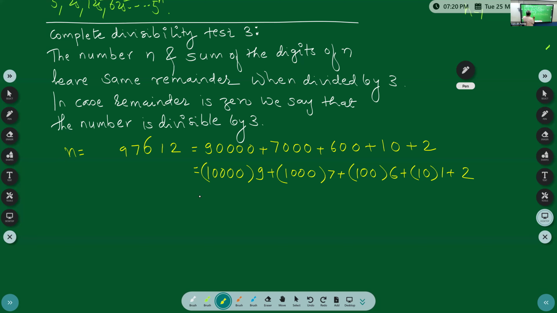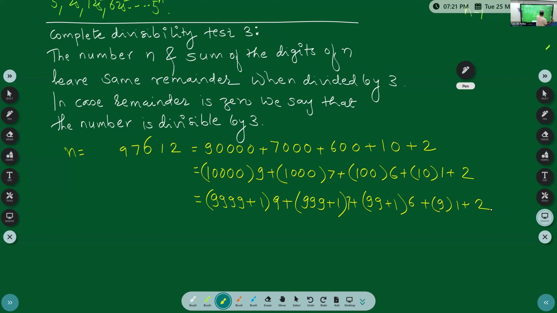Then we can write 10,000 as 9,999 plus 1, 1,000 as 999 plus 1, 100 as 99 plus 1. So 99 plus 1 is 100, into 7, plus 99 plus 1 into 6, plus 9 into 1.